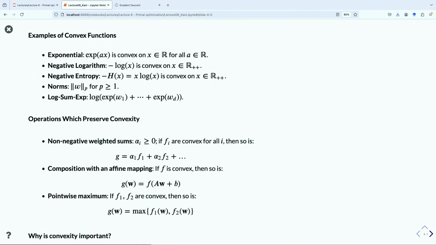A lot of operations preserve convexity. All the linear functions that we're going to be dealing with in this course, weighted sums, pointwise maxima are also convex.